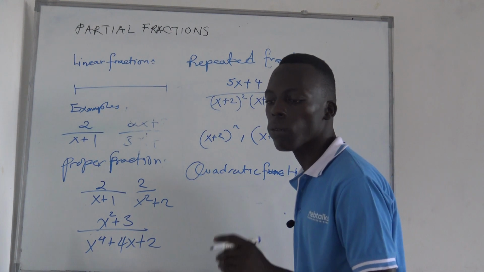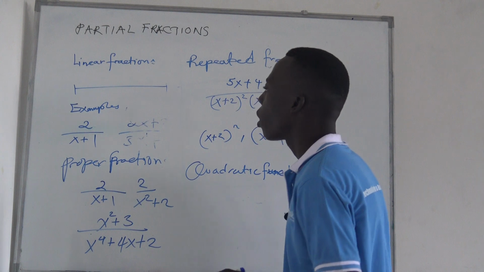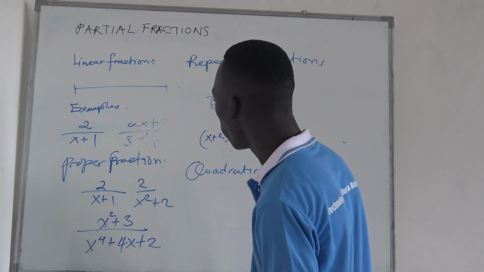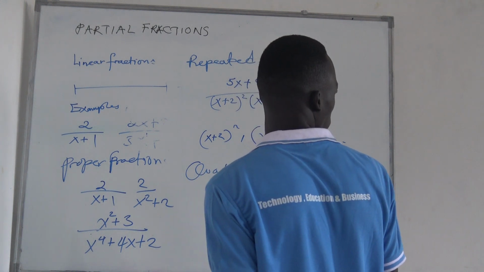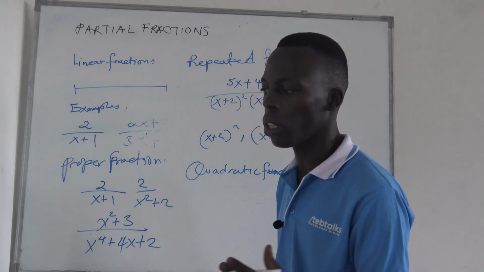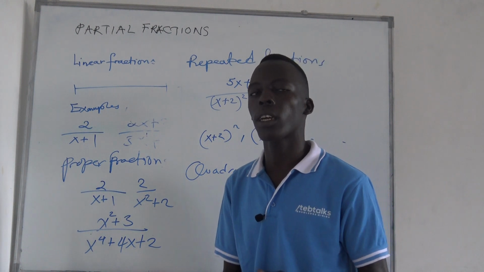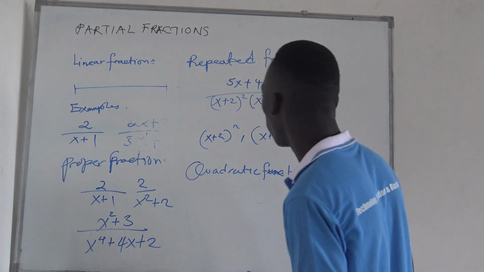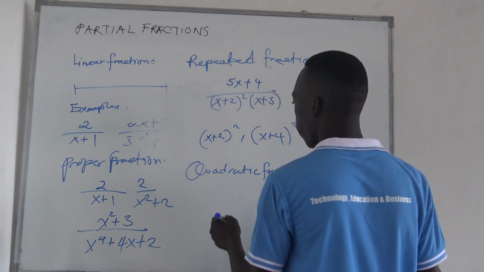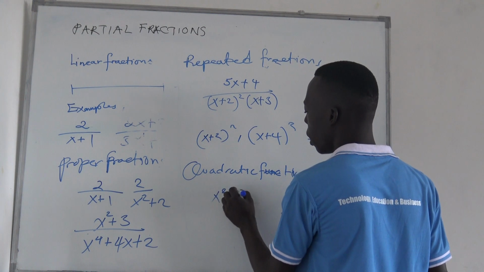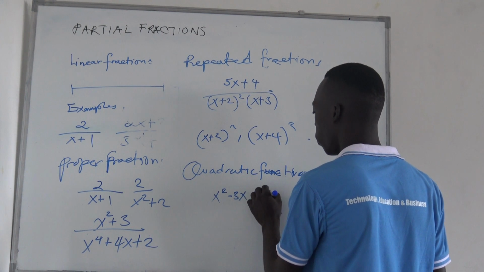If it has factors, you must first make sure that you try to reduce it to its lowest factors by getting the values of x, assuming it is x squared minus 3x plus 2.